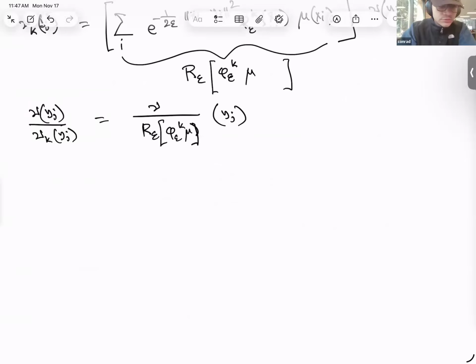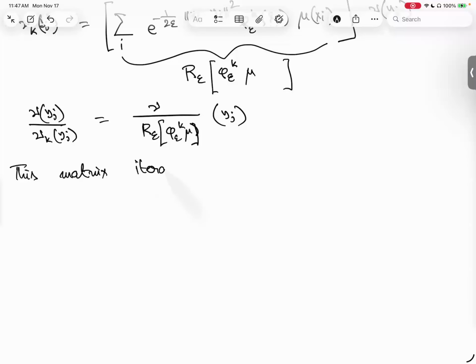I have a question. Yes, go ahead. How quickly does this converge in practice? Very good question. That's actually one of the main research questions. Well, let me talk about this a bit more. So this matrix iteration is what is called the Sinkhorn algorithm.